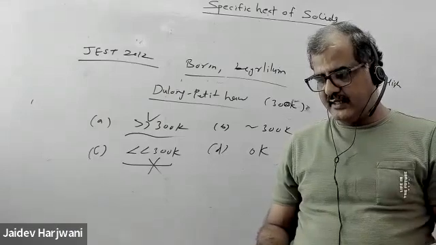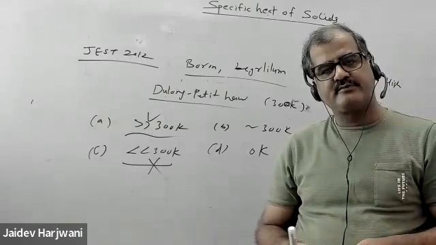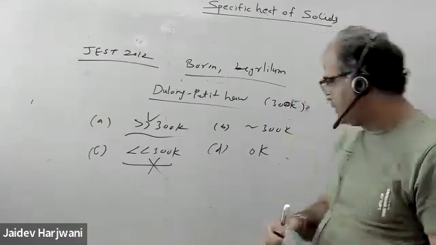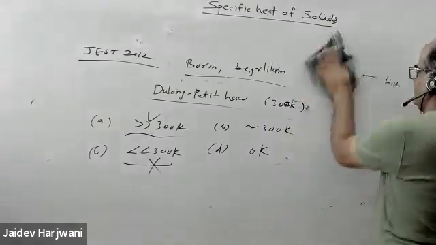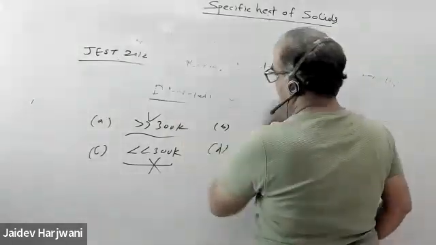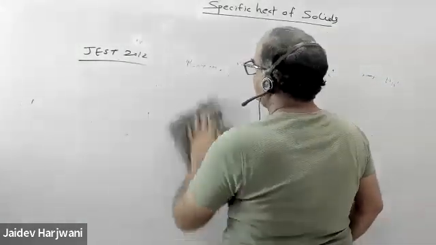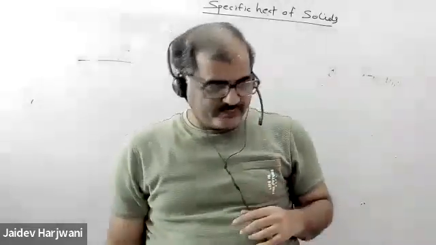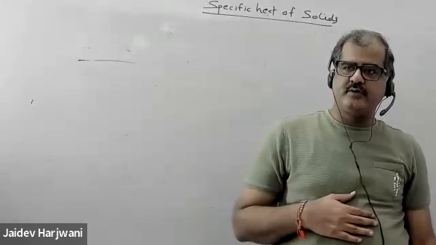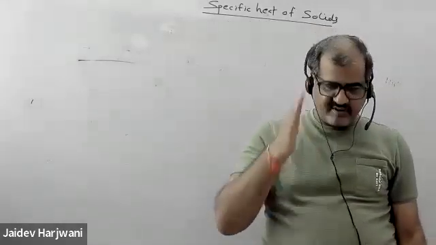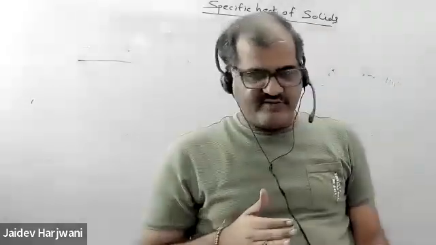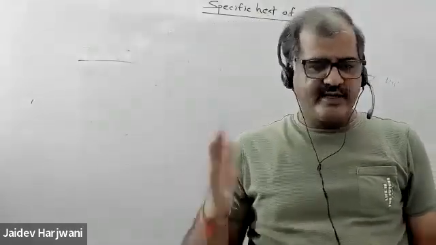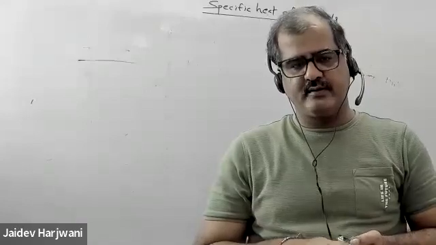Okay, is it clear to you or not? Yes, sir. Sir, in the Dulong-Petit law, the Debye temperature is less than the temperature? The temperature that is given should be greater than your Debye temperature; only then will the Dulong-Petit law be satisfied.